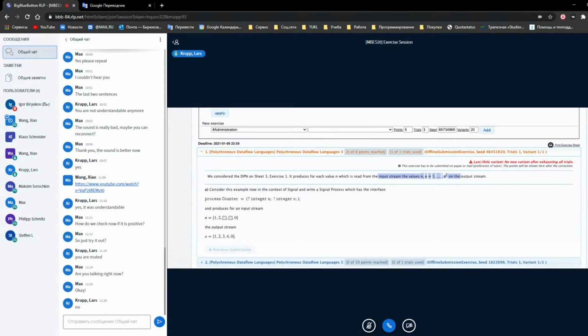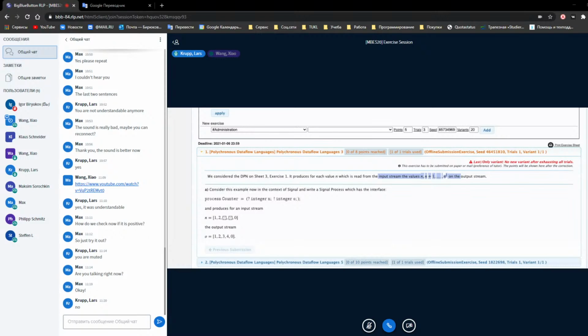Yes. So if we are in the first clock cycle, we get the integer n is 1, and our output should also be 1 then, because that's what's written here.